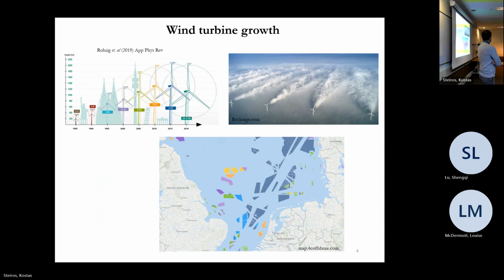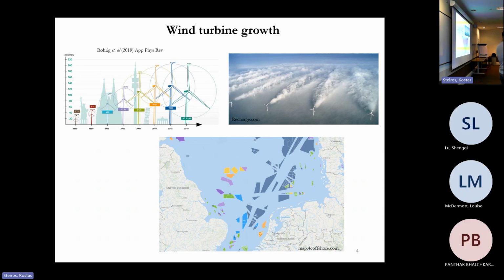Well, of course, what has been happening until now is, first of all, we increase the size of the wind turbines, right? So back in the 80s, when we started, even before that, with the oil crisis, heavily investigating research in wind turbines, we started with these quite small wind turbines here, but very quickly they increased in size, and right now we have this monster here of 200 meters in diameter.